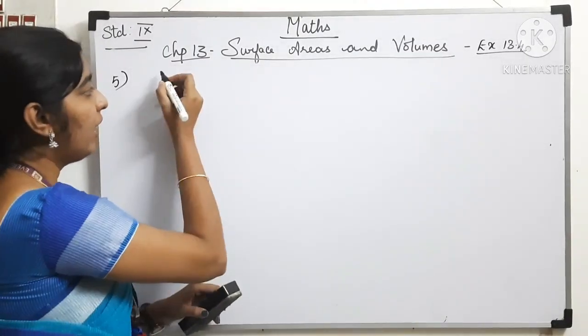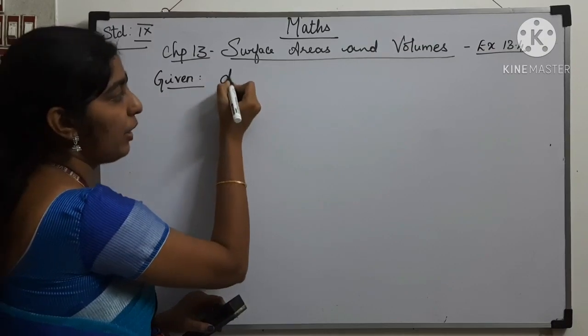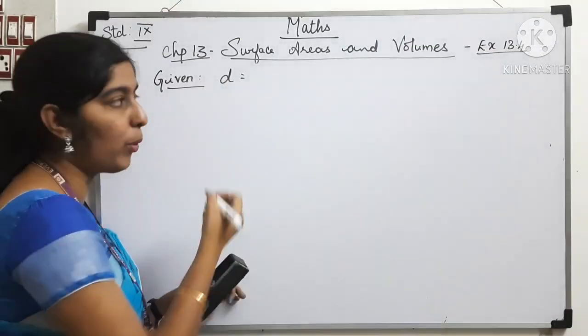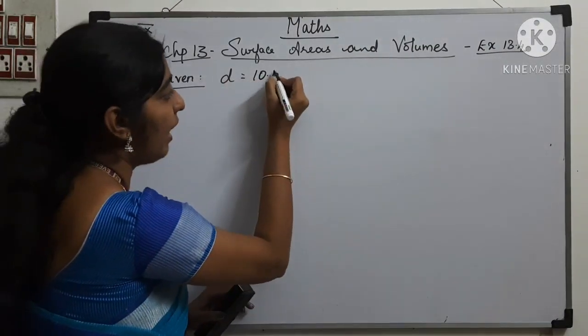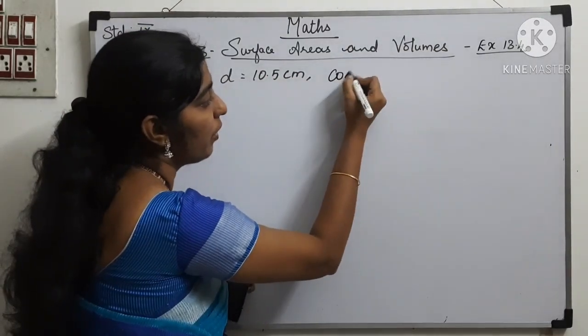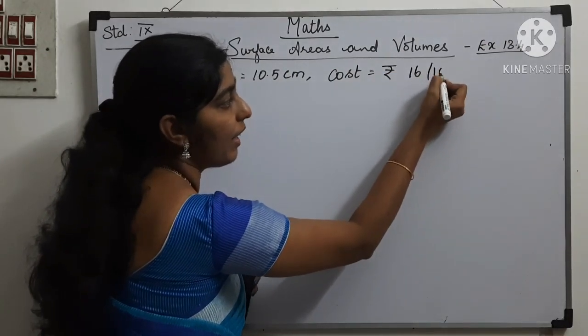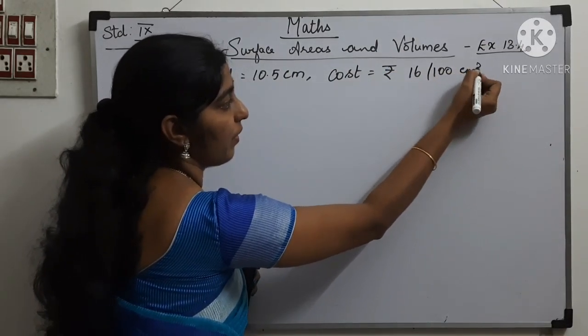Given: diameter of the hemispherical bowl is 10.5 centimeter and cost is rupees 16 per 100 centimeter square.